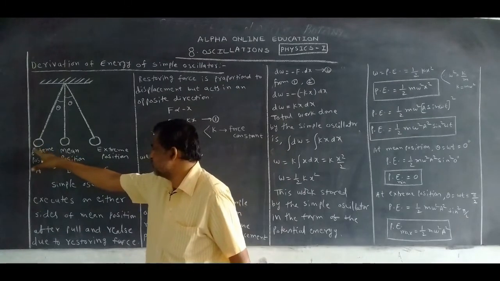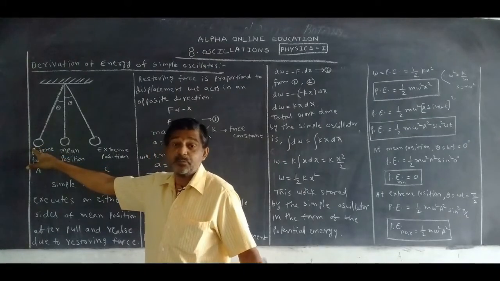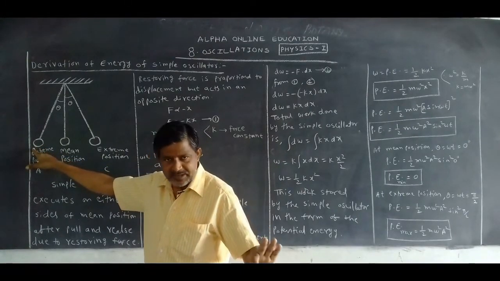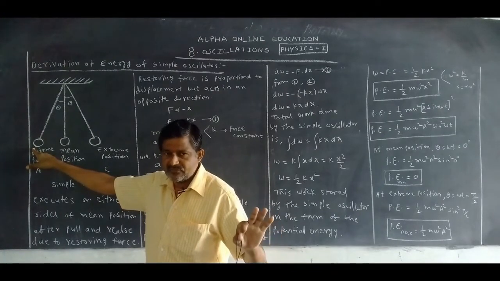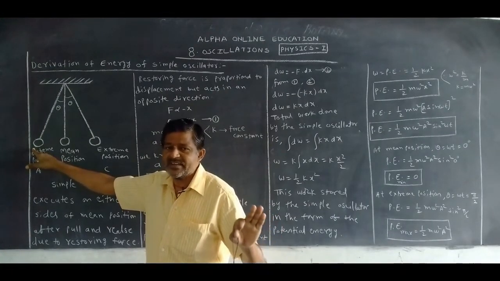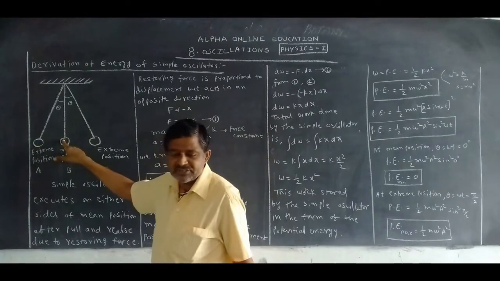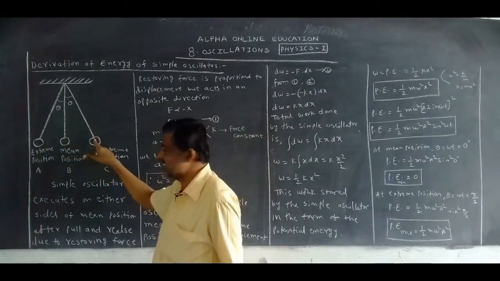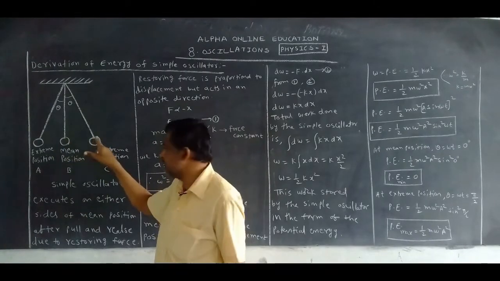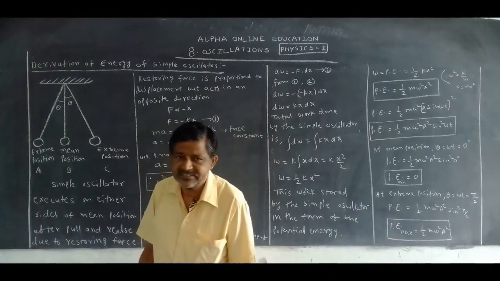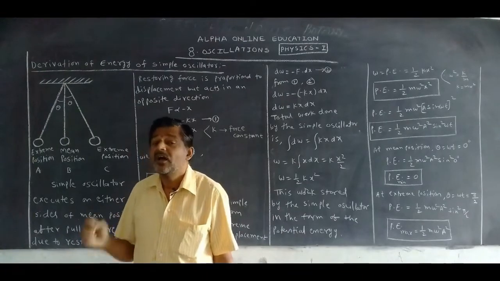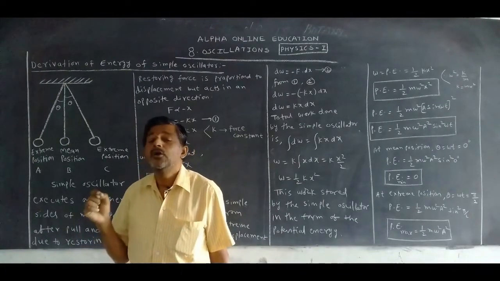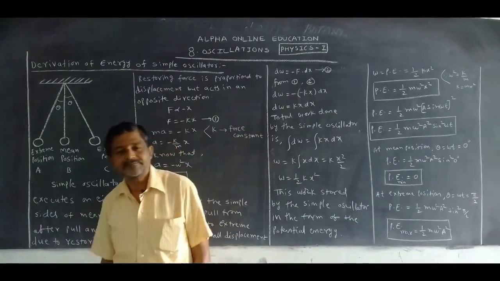This is the extreme position. At this place potential energy is maximum, that is half m omega square A square. It is the mean position. What is the potential energy? 0. Now it is again the extreme position. At this place the potential energy is maximum, half m omega square A square.